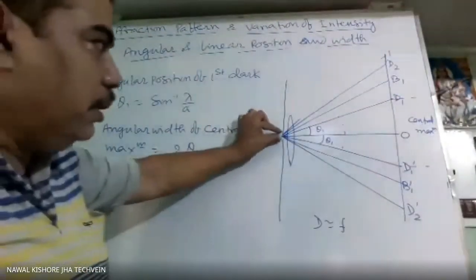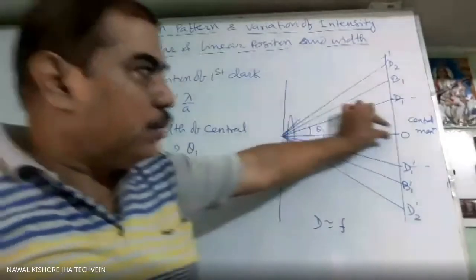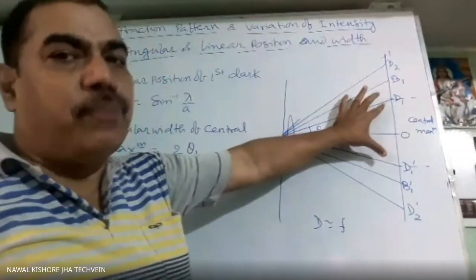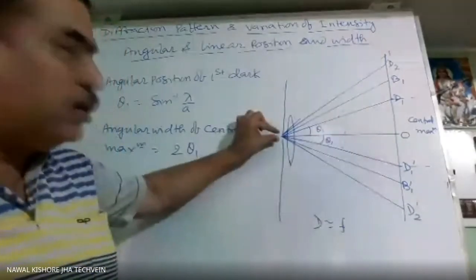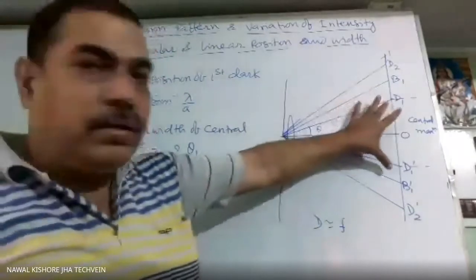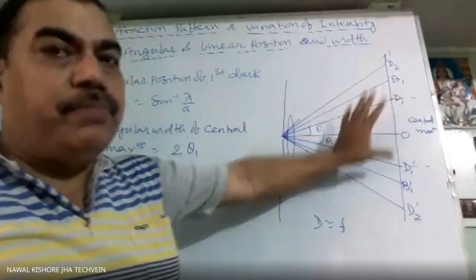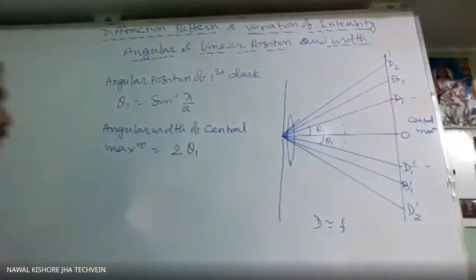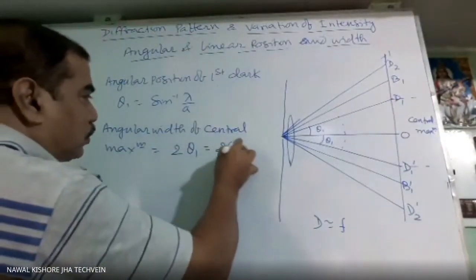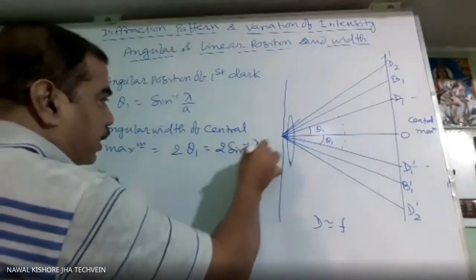Theoretically, the width of the central maximum should be this much only, but due to diffraction we are getting width more than the width of the slit. Width of the slit is only a, but if we find linear width, it will be more than a. So this is 2θ1, that is 2 sine inverse lambda by a.